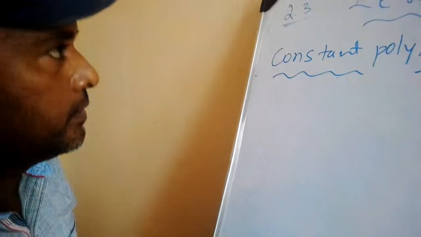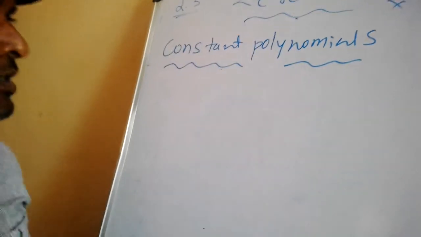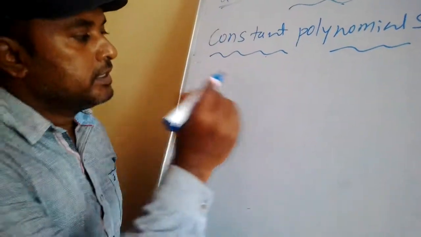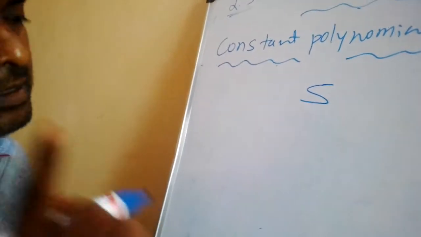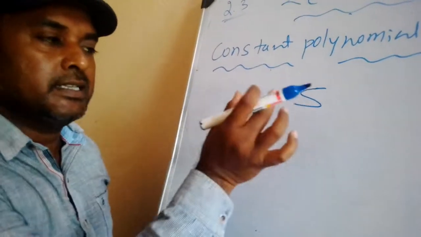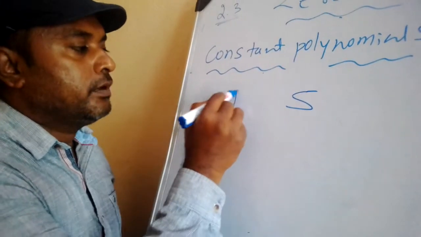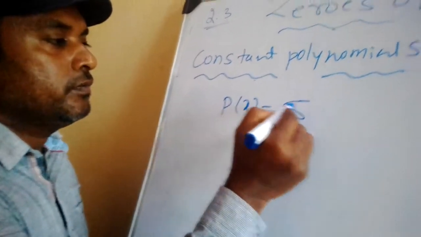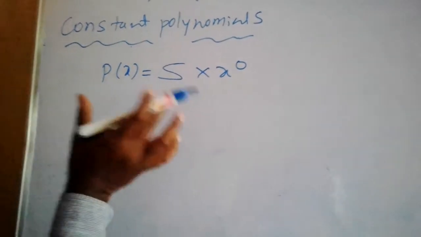The next concept is zeros of a constant polynomial. Consider a constant polynomial as 5. In a constant polynomial, only one number exists, that is the constant. So we write it as p of x is equal to 5 into x raised to 0. Now it becomes an exact format.